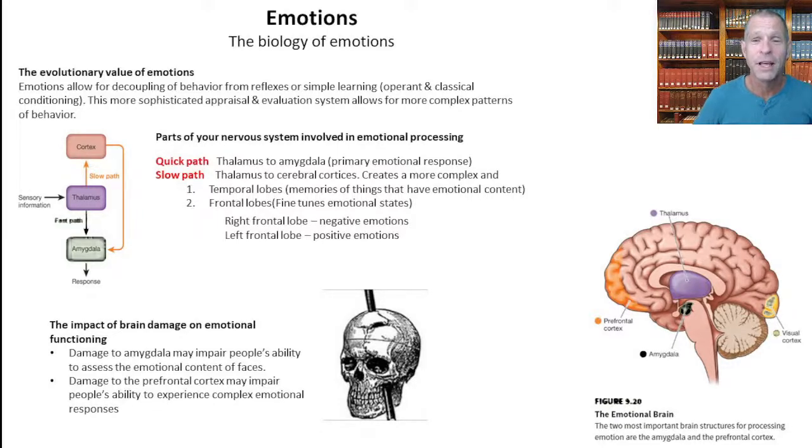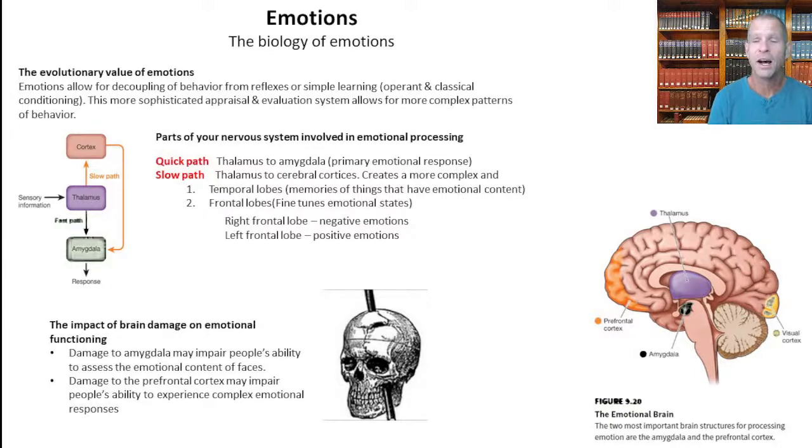Now, here's the deal. This information is transmitted from your thalamus to the amygdala and the frontal lobe of your brain at the same time. You recognize what the object is, boom, in the frontal lobe of your brain, and at the same time you have an emotional reaction to that object.